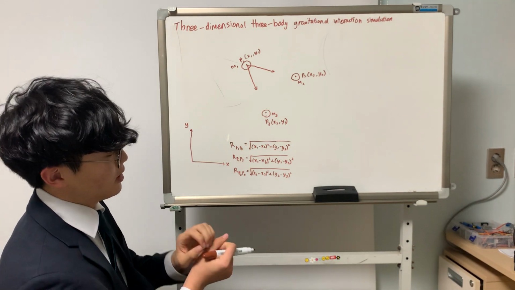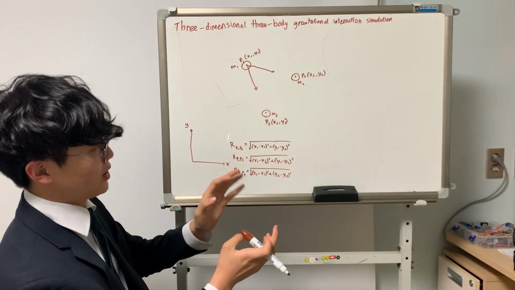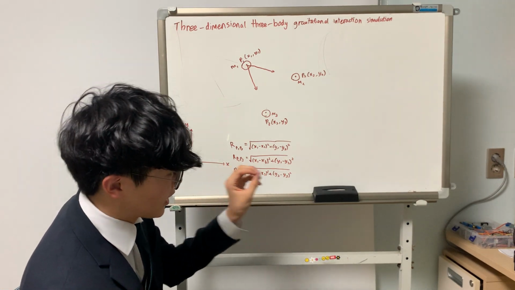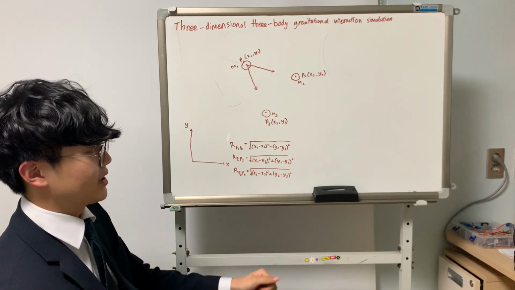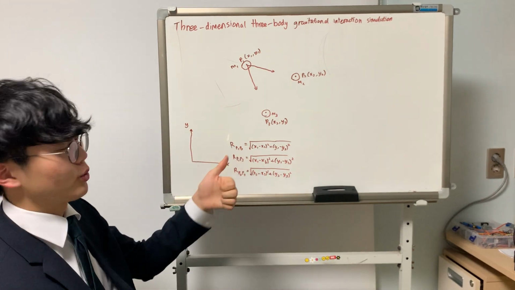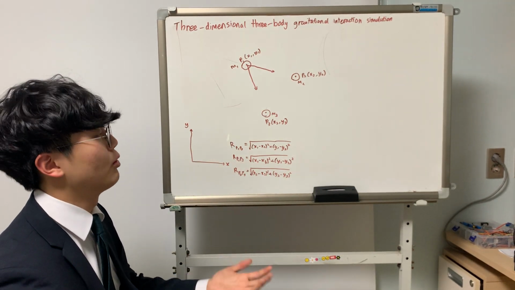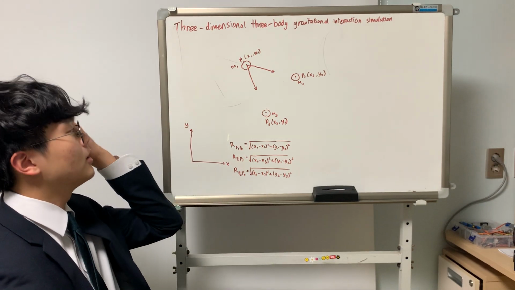So at the end of the theory, there's going to be a value for the acceleration in the x direction and the acceleration in the y direction. So we're going to have two values that define the motion of one object.